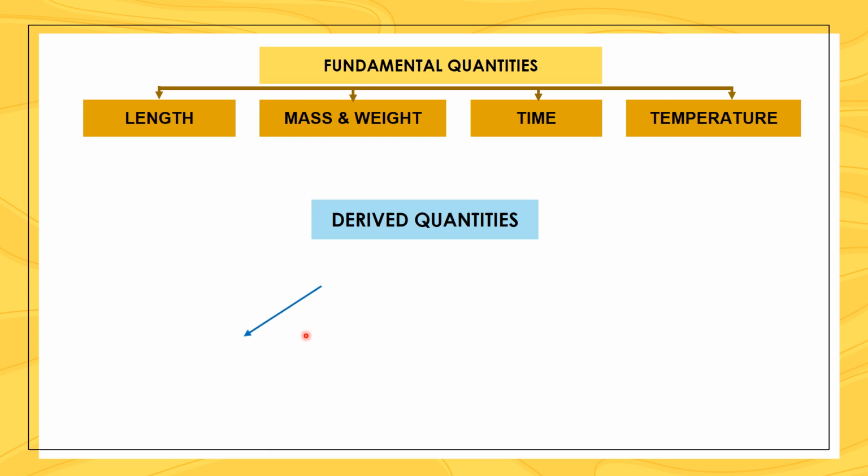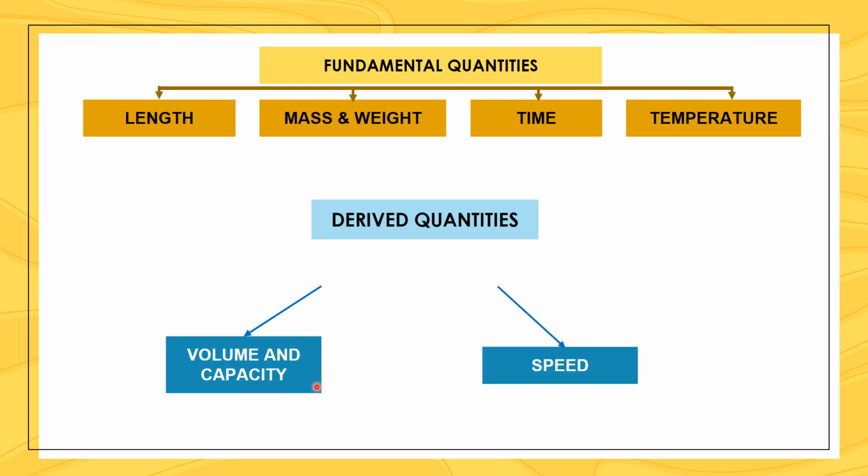For this lesson we will have volume and capacity and speed. That's our goal, right? So when we say derived quantities, these are the combination of the units of the fundamental quantities. Like for volume and capacity, we combine mass and weight and then the volume. Okay, and for speed, we combine the length or the distance traveled and your time.